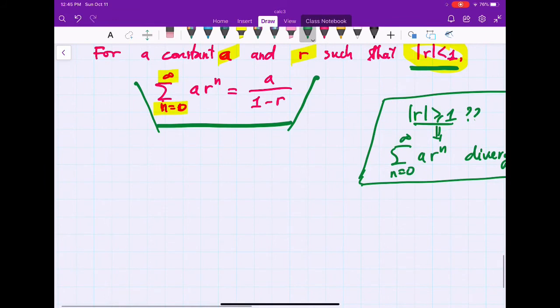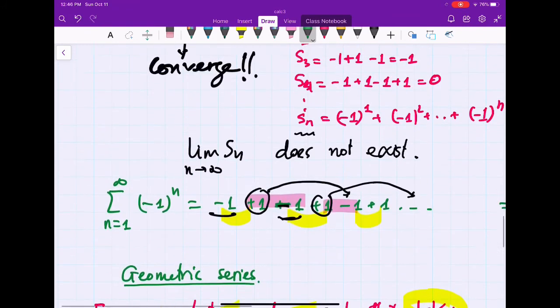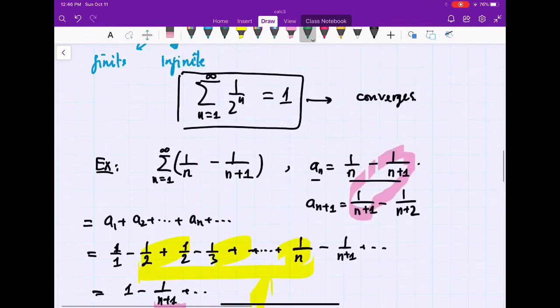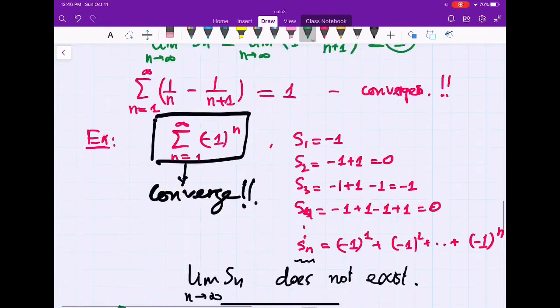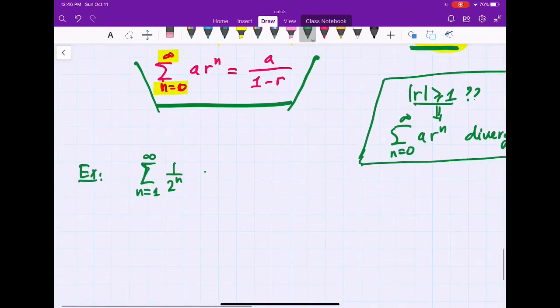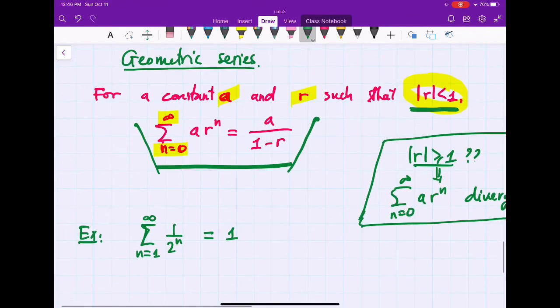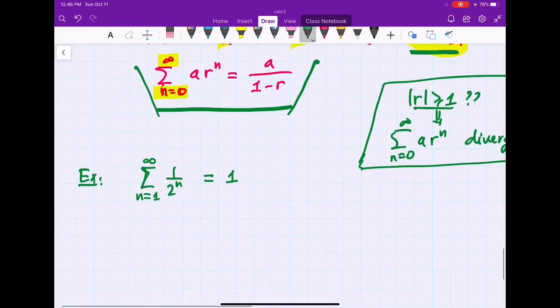Okay, so let's go back to the previous example: the sum of 1 over 2^n, n from 1 to infinity. If you remember, we found that the sum is equal to 1. Now let's use the formula of geometric series to prove that the sum actually is 1.